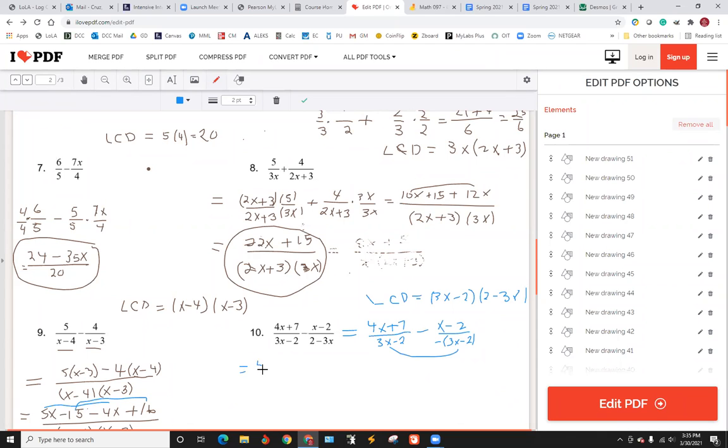It makes it into 4x plus 7 plus. So a negative, then that gives you the positive.